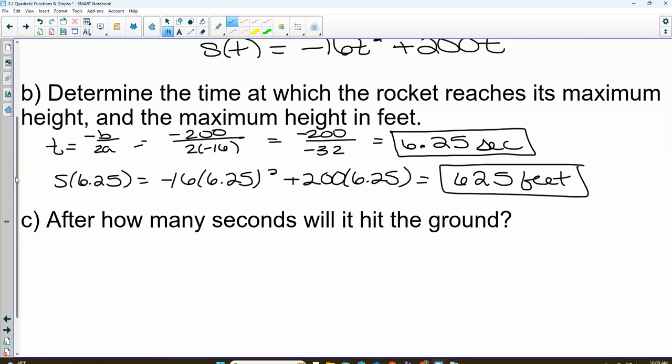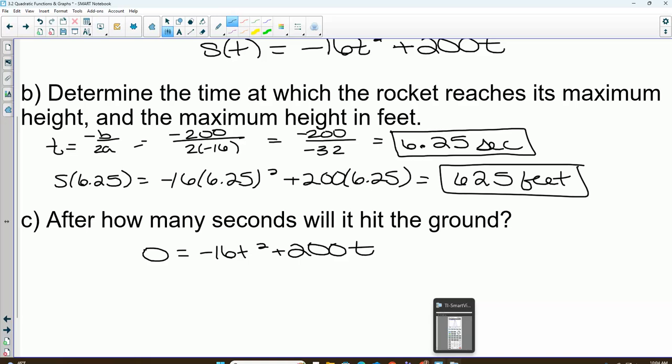You could have also done that on the calculator. You'll just have to adjust it so you can see the whole thing. Part C, after how many seconds will it hit the ground? So if it hits the ground, what's our height? In a minute, I'm going to show you how to solve these equations by hand, or you might remember from last year.